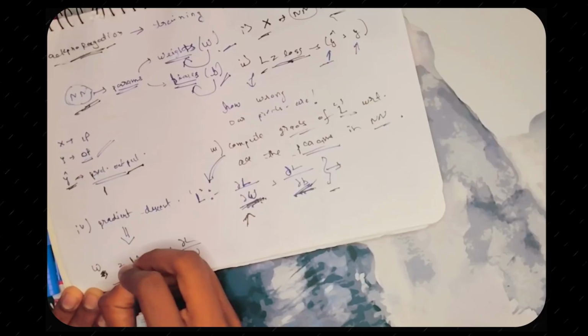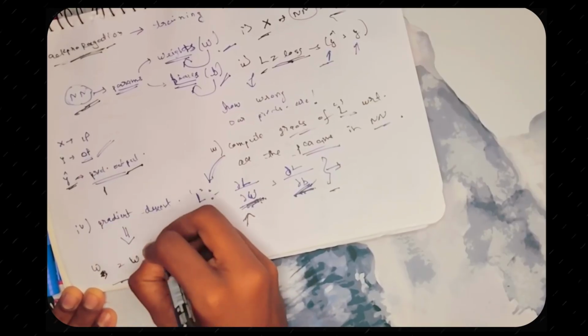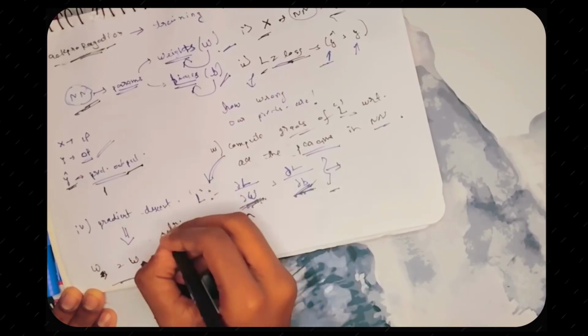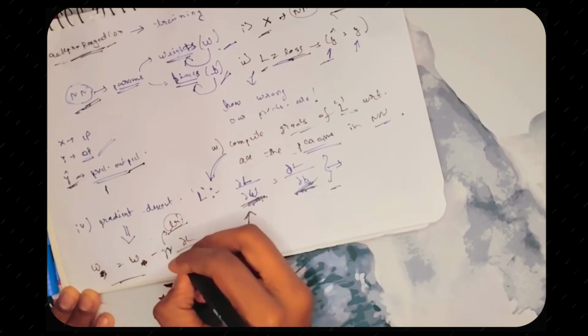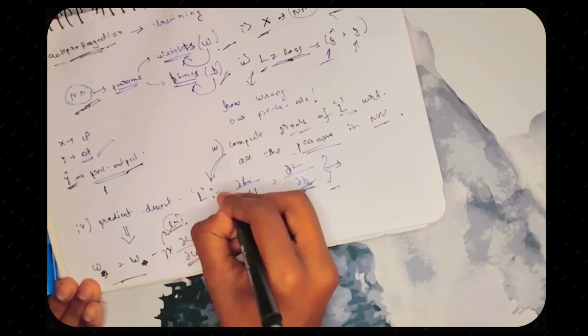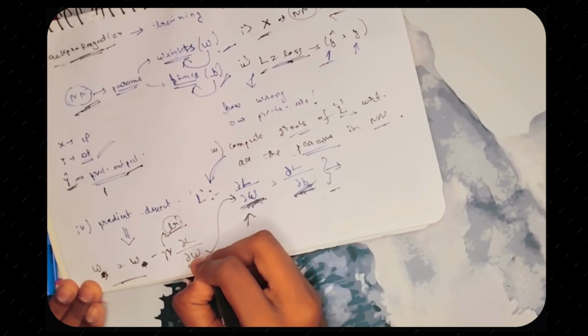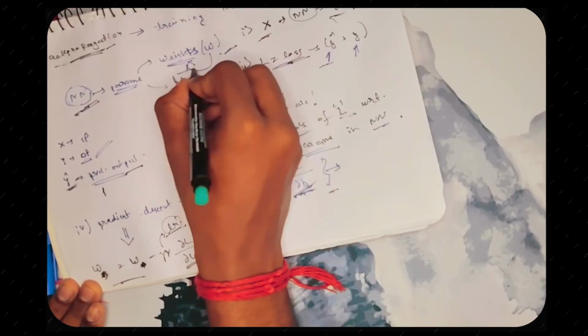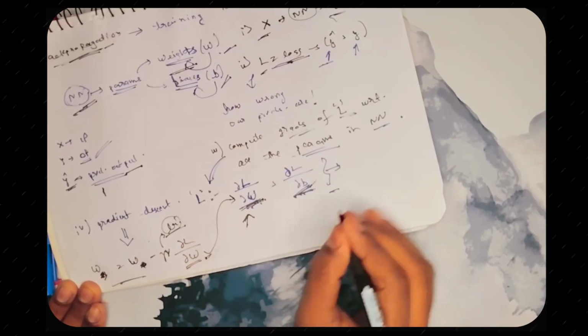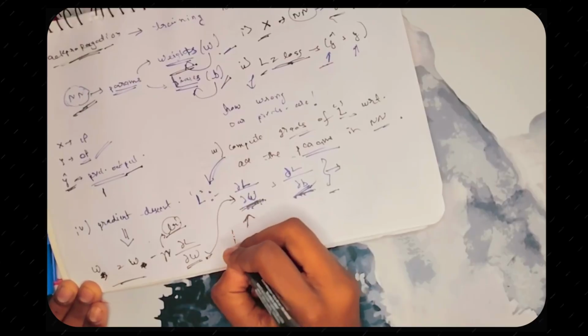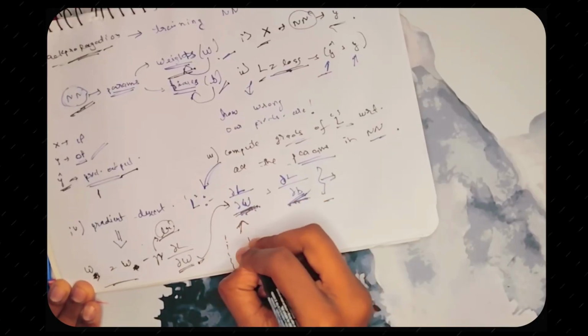Weight is equal to weight minus eta, where eta is my learning rate, a hyperparameter which we set, times the gradient of the loss with respect to all the weights in the neural network. Similarly, we update our biases using the same formula.